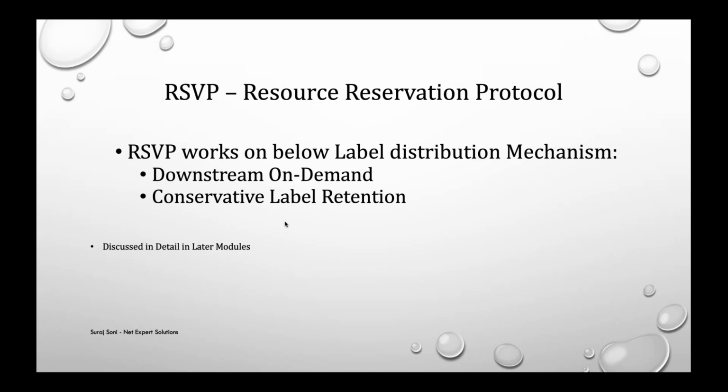We are not using RSVP to forward MPLS packets. We are using RSVP basically for reserving specific resources for specific types of traffic. So that's why we are using RSVP. I'm not going into the details of this now. We will discuss it later in detail when we talk about traffic engineering.